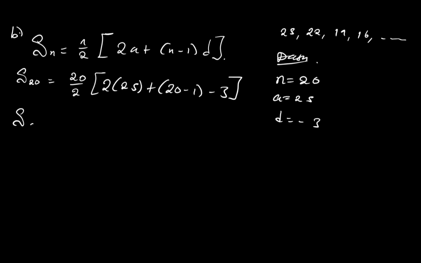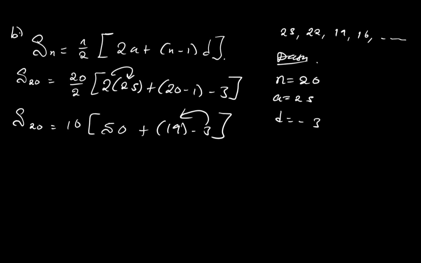So all you need to do is to simplify furthermore. And if we do that, we'll be having 20 over 2, which will give us 10, open square bracket, 2 times 25. This basically gives us 50, plus what is 20 minus 1? That's 19, times negative 3, like that. We end up having S sub 20 being equal to 10, then 50.